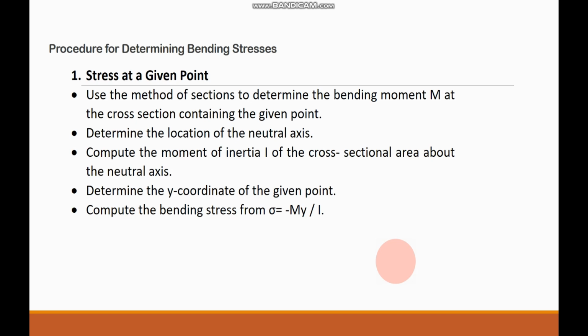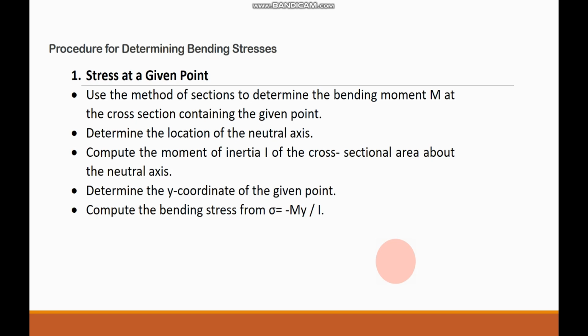And then next is to determine the location of the neutral axis. So for the rectangular shapes, yung neutral axis niya is just the same location as the centroid. So mas tricky lang kung yung shape ng beam niya is an irregular one.